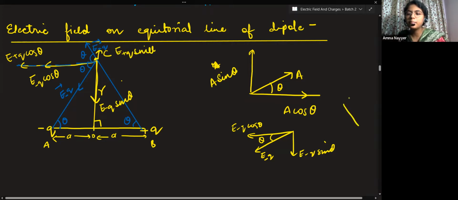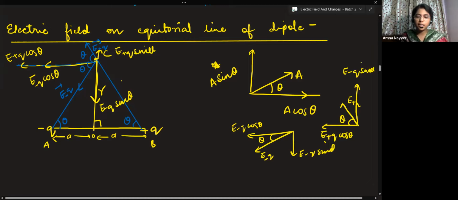This was E plus Q, this was theta. So this became E plus Q cos theta, and the perpendicular to it became E plus Q sine theta. Is the resolution of vectors clear?